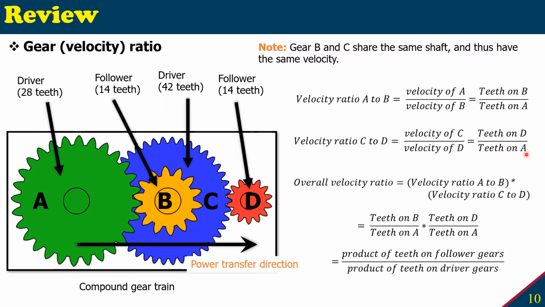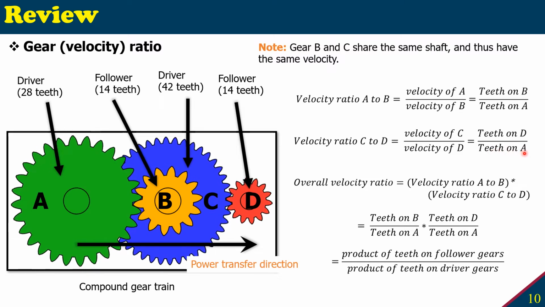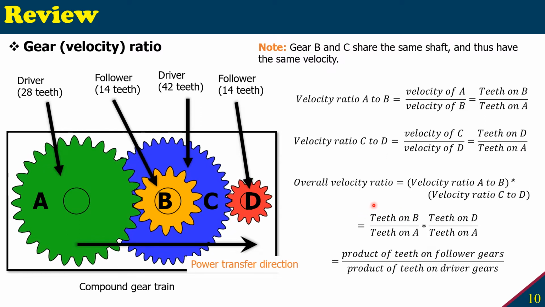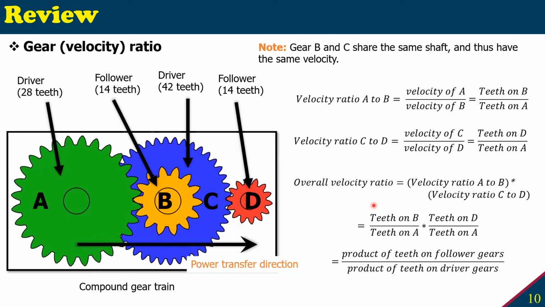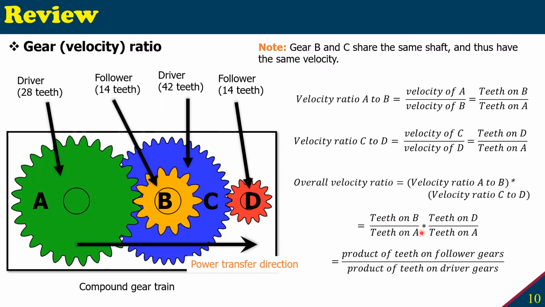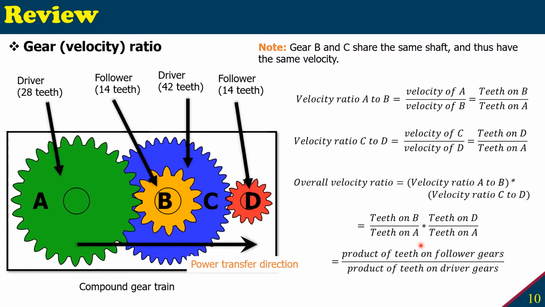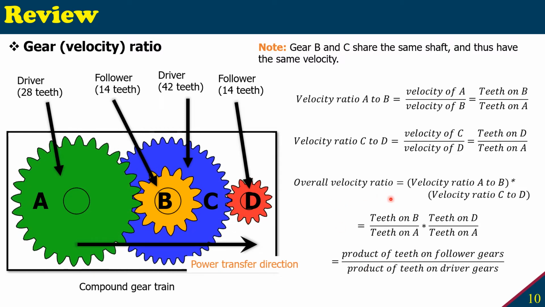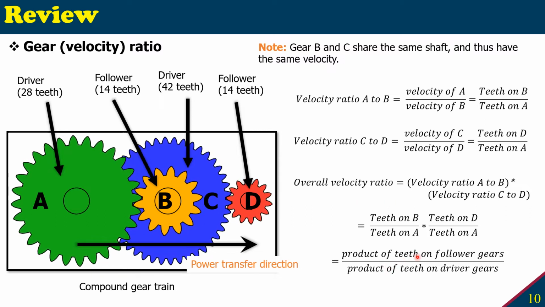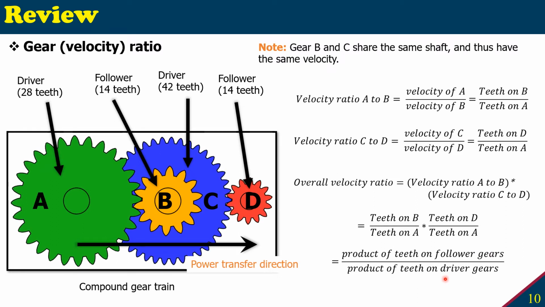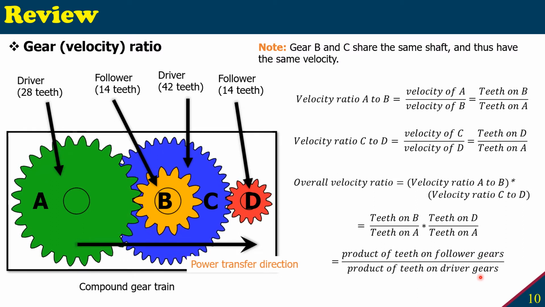In this case, it will be teeth on C, not A. So the overall velocity ratio will be the velocity ratio from A to B multiplied by the velocity ratio from C to D, same formula. If you put those together, you'll see the arrangement is such that the overall velocity ratio will be the product of teeth on the follower gears over the product of the teeth on the driver gears.